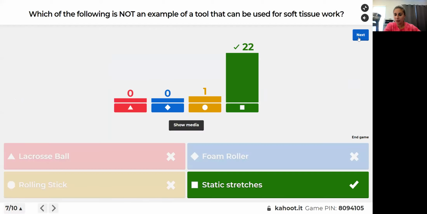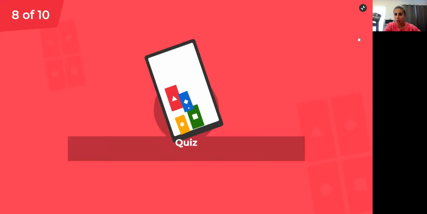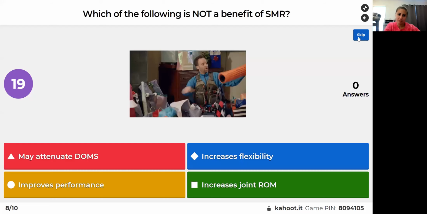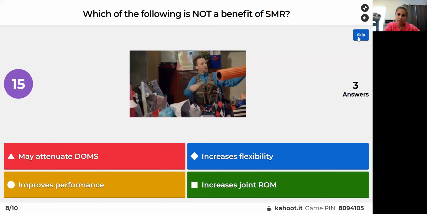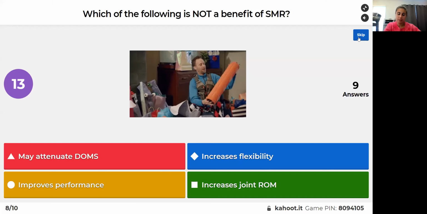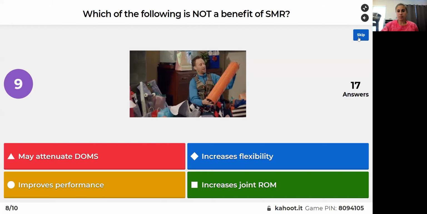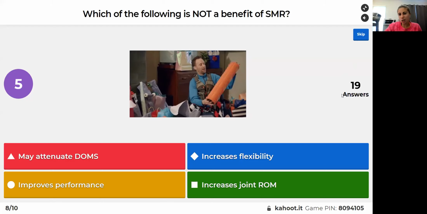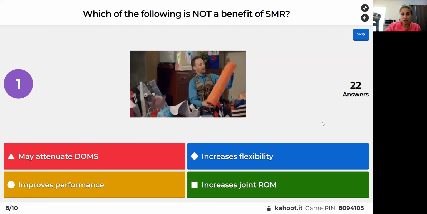I mean, that's not a tool for soft tissue work. Awesome. These are easy, so you should all be getting perfect right now. This is a little bit of a trick one.